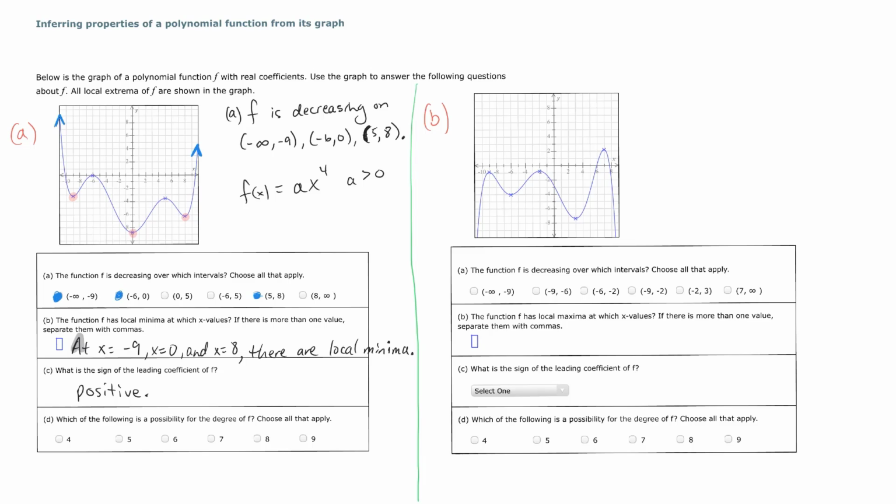Which of the following is a possibility for the degree of f? It looks like x to the fourth, but of course, any even degree for a polynomial will have similar end behavior. So in this case, our answer is going to be 4, 6, or 8, or 10, and so on and so forth.